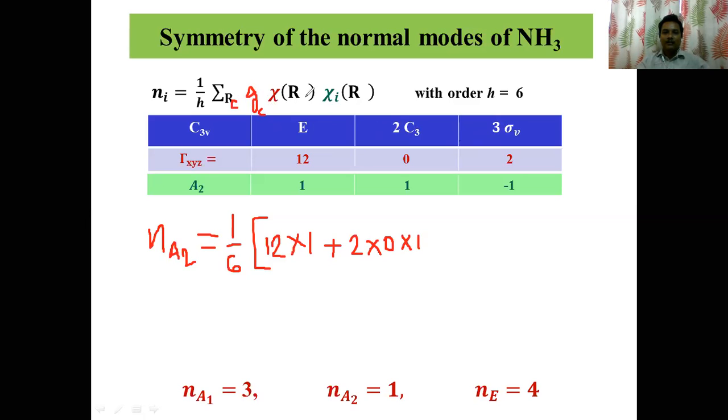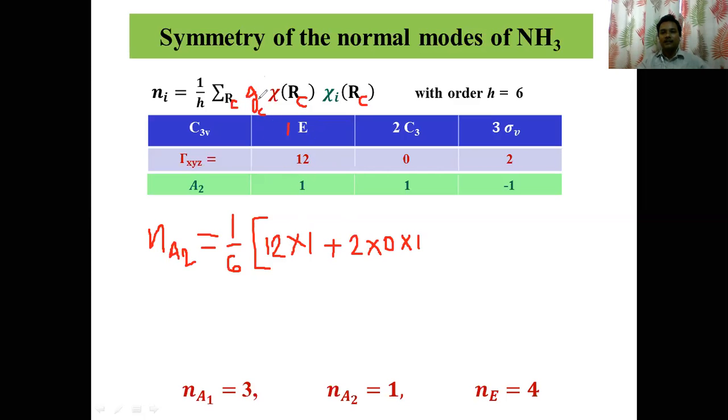Now instead of the operation R, I'm going to sum over classes. So this operation is now a class operation under a single class. Again, this irreducible representation character is also under a single class, right? So if I'm going over classes, I need to multiply by the degeneracy of the class. So that's where this number comes from, right? It's 2. Now for identity, of course, I did not have a problem, but the degeneracy is basically nothing but 1.